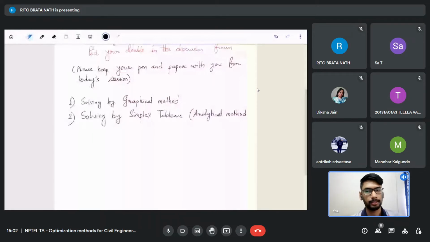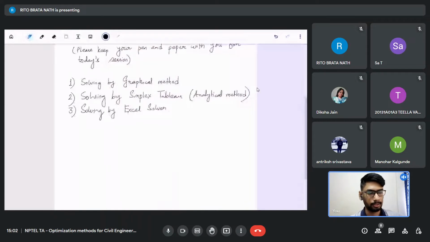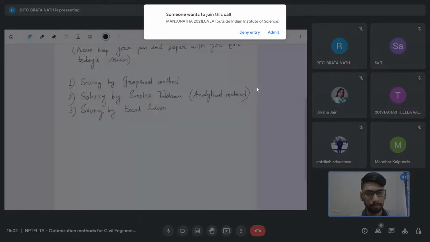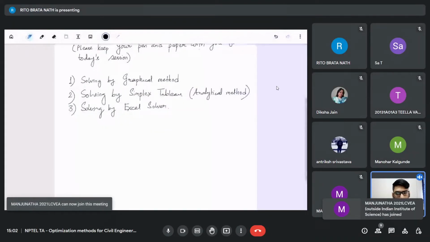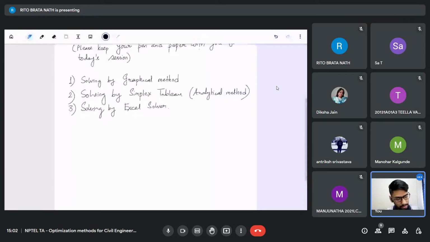Let's see if we can cover those three in this class, or maybe some of the examples of one or two. So the first one is solving this problem by graphical method.